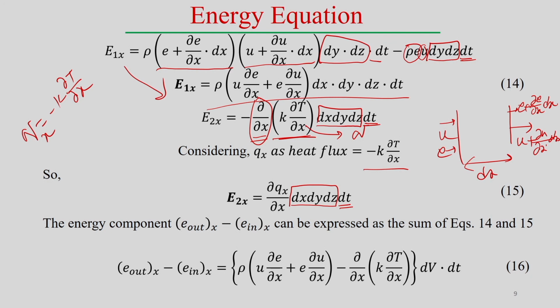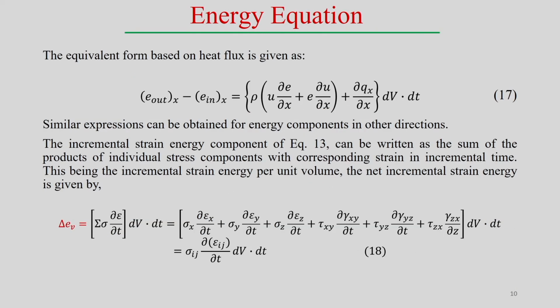Therefore, the x component, the energy output minus energy in, can be expressed as the sum of the pair E1x and E2x, and that can be represented as out minus in. So, E1x in is this one over the elemental volume dV and over the time dt. That is the input energy component we can estimate.